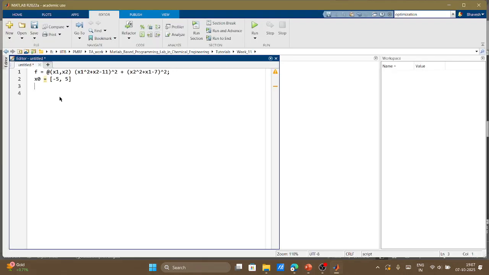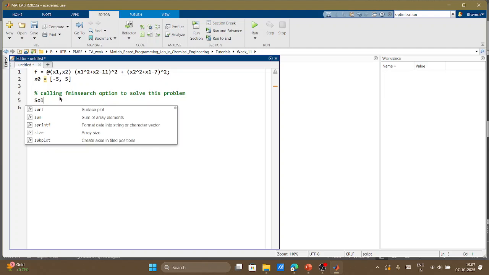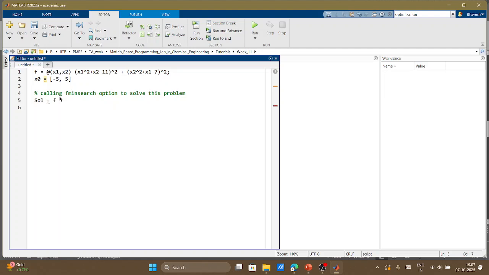Now let me use the fminsearch option to solve this problem. So my solution, let's call it solve, is equal to fminsearch.